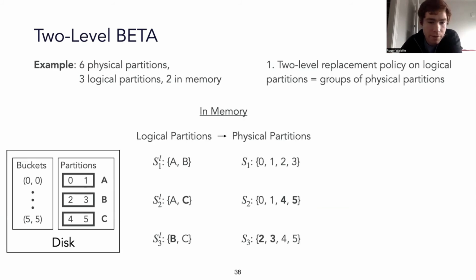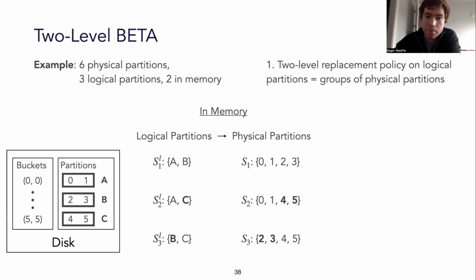So returning to our previous example, consider that we have the same 6 physical partitions as before, but now we group the physical partitions into 3 logical partitions, A, B, and C, as shown. And again, we assume the 4 physical partitions, or 2 logical partitions in this case, can fit in memory at each time.